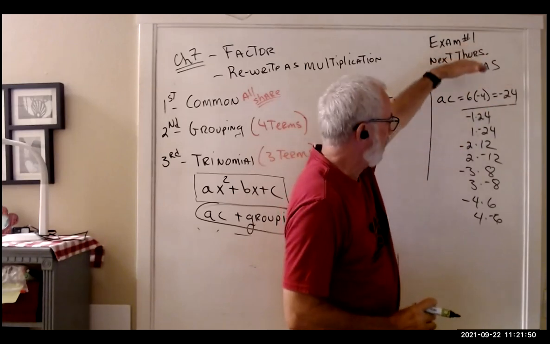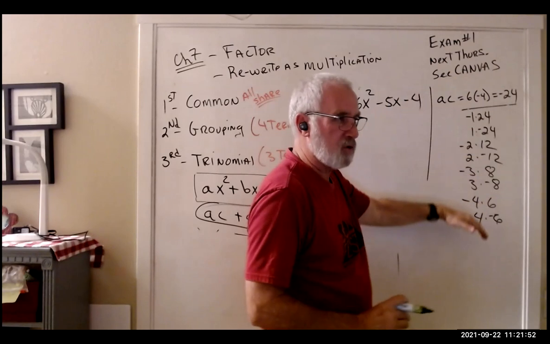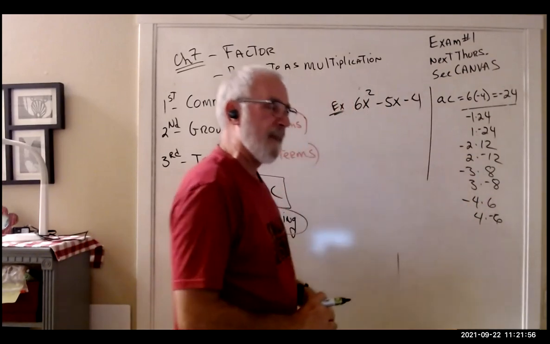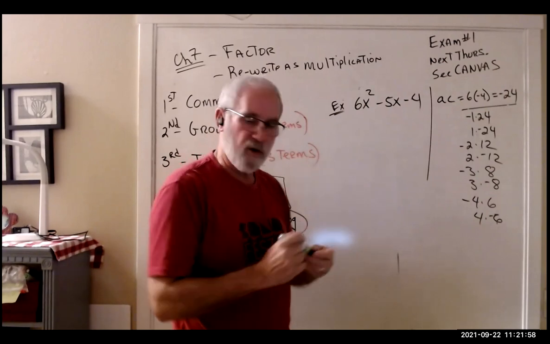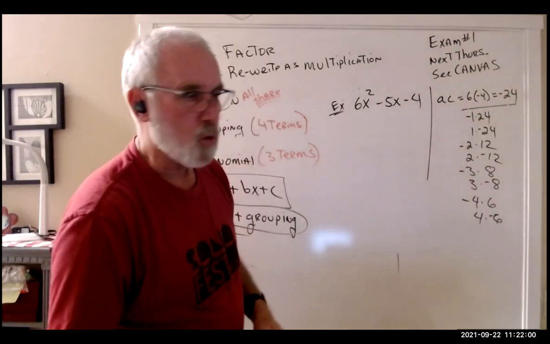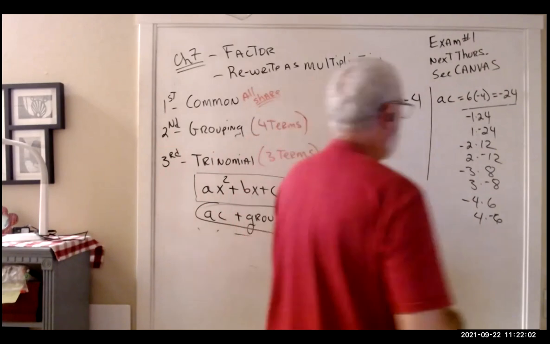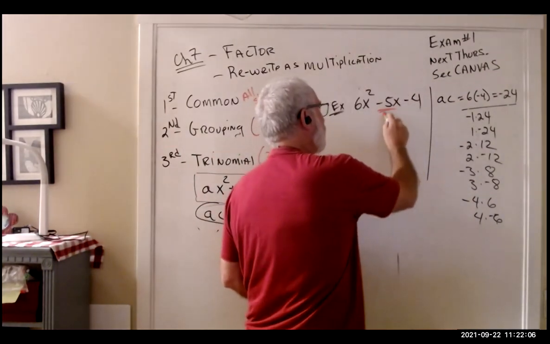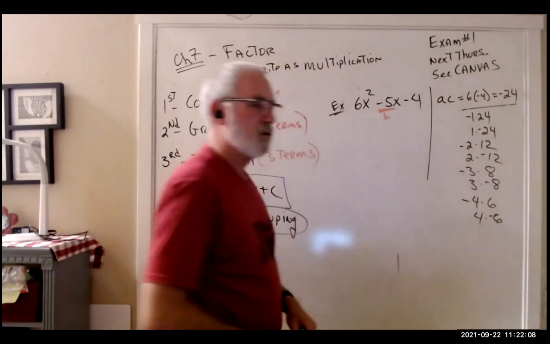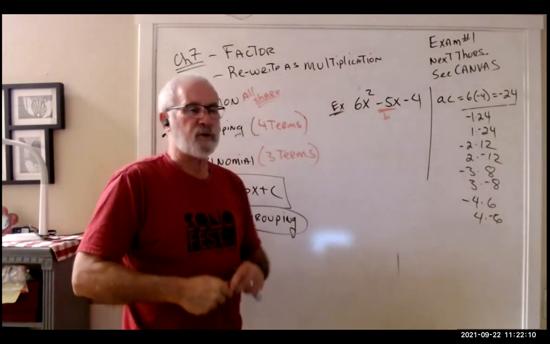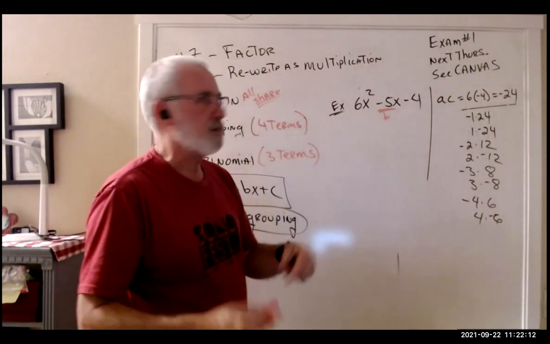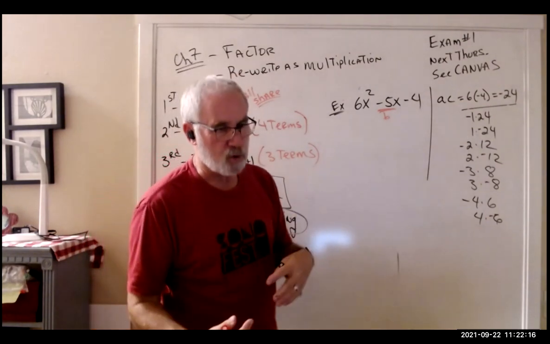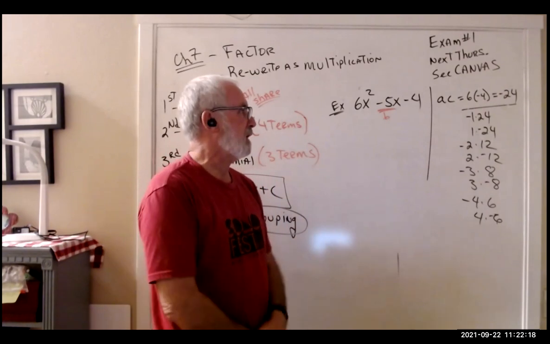So AC was -24. But here's the key. You also want them to add or subtract to make -5, the B value. They have to multiply to make -24 and add or subtract to make -5.